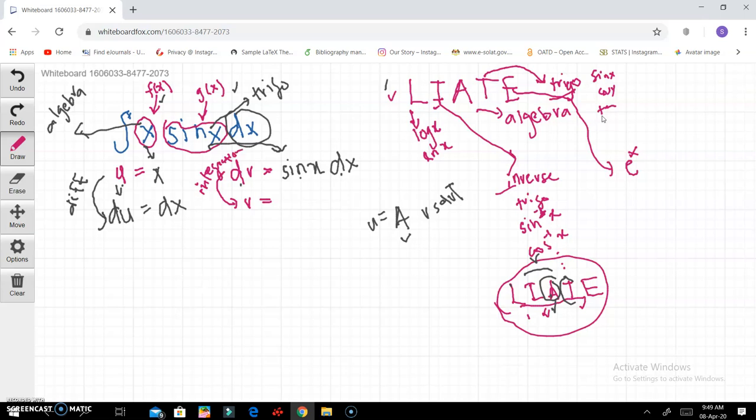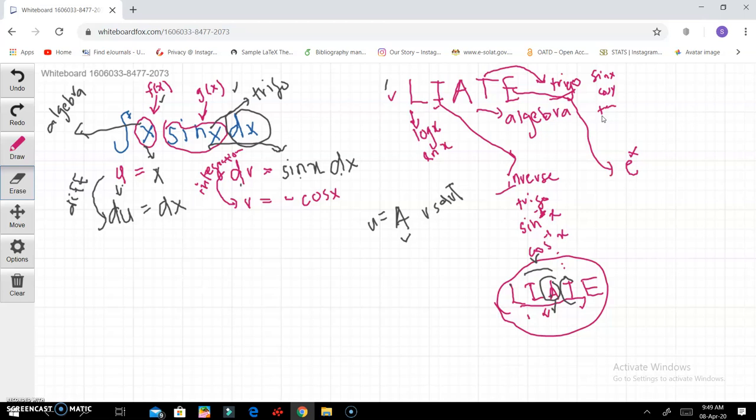So dv to v, here you need to integrate. Based on the table, you can refer to the notes in Mathematics 1. If you integrate sine x, you are supposed to get negative cos x. You don't need to write the dx. It's actually only negative cos x.